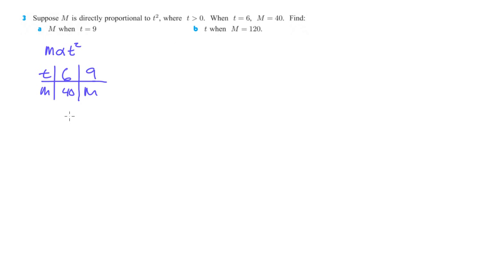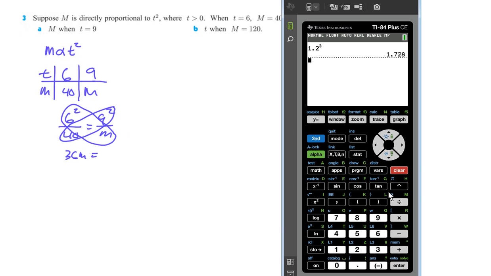So again, we can set this up as our proportion. 6 over 40 is equal to 9 over m. But before we do any cross multiplying, our t has to be squared. So this is going to be 6 squared and 9 squared. And now we cross multiply. So 6 squared times m is 36m equals 40 times 9 squared, which gives us 3240.